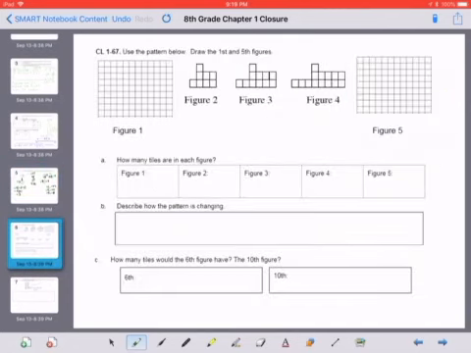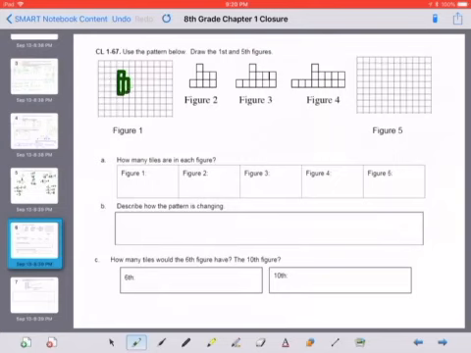The next set of problems is a figure where we had to figure out what figure 1 was, what figure 5 was. So figure 1, when I draw it out, is actually 3 of my boxes and then 2 of my boxes next to each other.